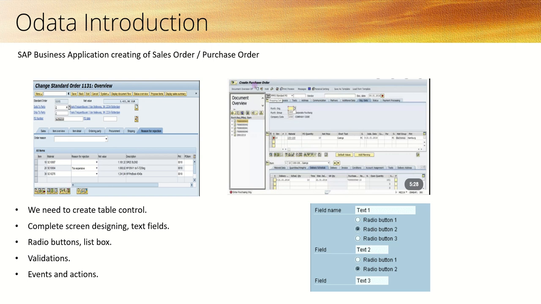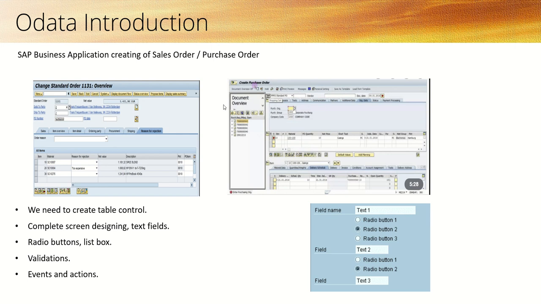Because here, the end user is going to use this GUI as a front-end screen, and when they click on the save button, we need to update data into the database system. So in this scenario, an ABAP consultant must know all the features, that is screen designing as well as code writing.